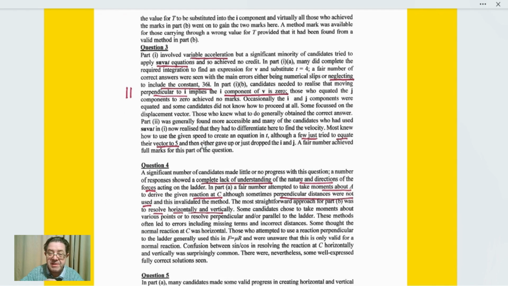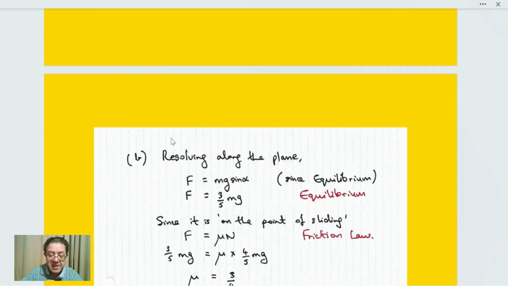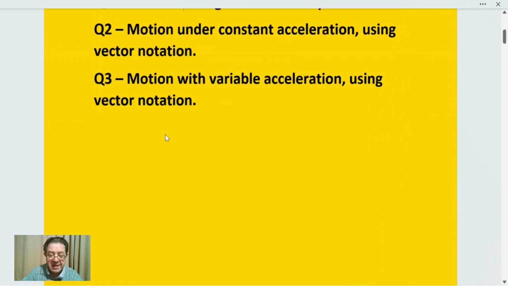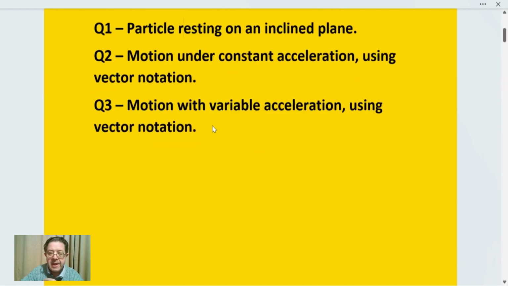Okay, so in this paper we've looked at 3 standard situations, all of which are worth knowing well because they come up quite often in mechanics papers. So they are a particle resting on an inclined plane and the forces that involves, motion under constant acceleration, the Suvat equations, including using vector notation, and thirdly, motion with variable acceleration, where we have to differentiate or integrate, including here using vector notation.